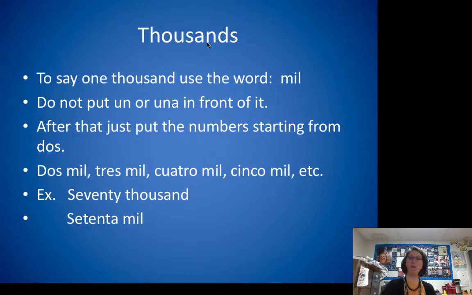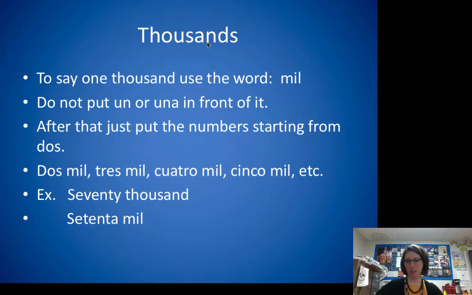Now you have thousands. Now, if you have more numbers after that, so say I have 3,232, it'd be tres mil doscientos treinta y dos. So again, after your thousand, 3,000, you just keep going with what you have. Again, there's no e's, there's no commas, nothing like that.